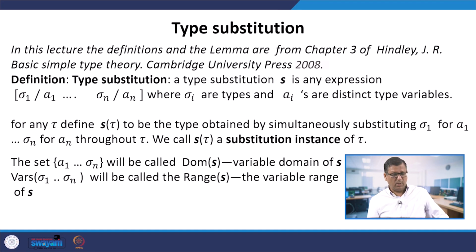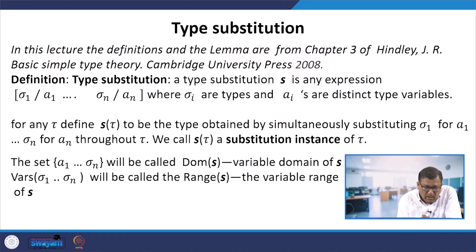So now let us formalize this idea of type substitution, and we are going to use the definitions and lemma from chapter 3 of Hindley's Basic Simple Type Theory book. So the definition of type substitution is, a type substitution is any expression written in this way where the sigma i's are types and the ai's are distinct type variables.